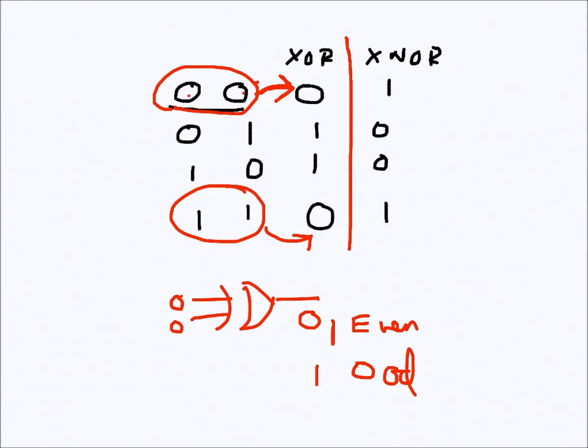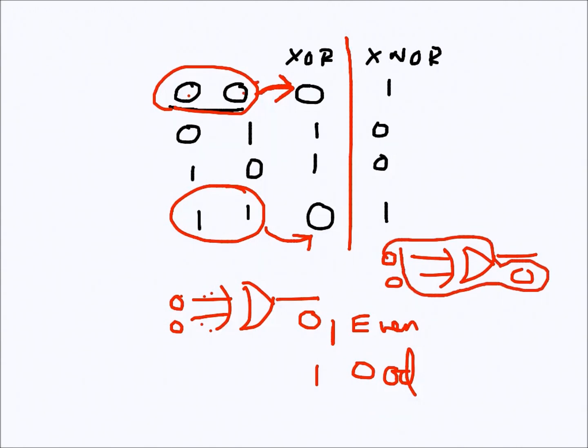Also, together it is generating an even parity. If we see these 2 bits coming here, 0 0, we are getting a 0 here. So all these 3 bits still remain even. If there was a 1 and 0 here, the output would be this one, which is a 1.